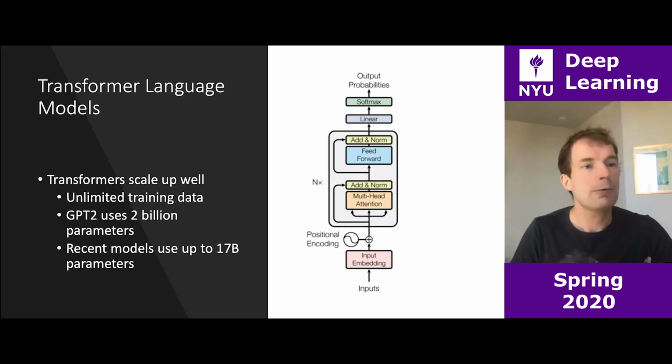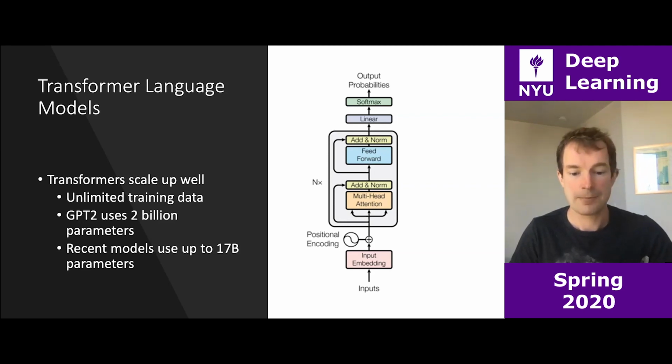Okay. One other good thing about transformers is that they do scale up extremely well. So with tasks like language modeling, you get essentially infinite amounts of data, because it's just hundreds of billions of words out there. It's far more than you'd ever need. And that means to actually fit this kind of distribution, you need very big models.